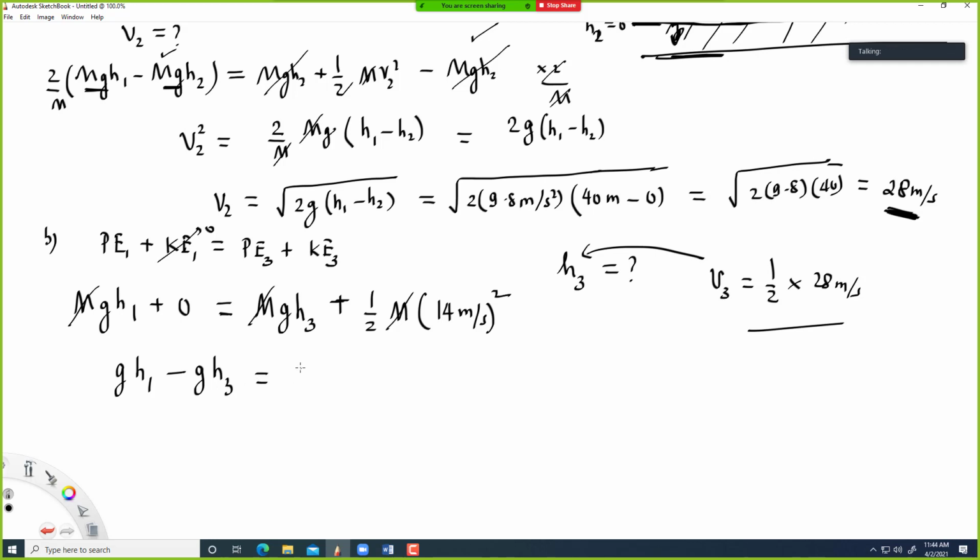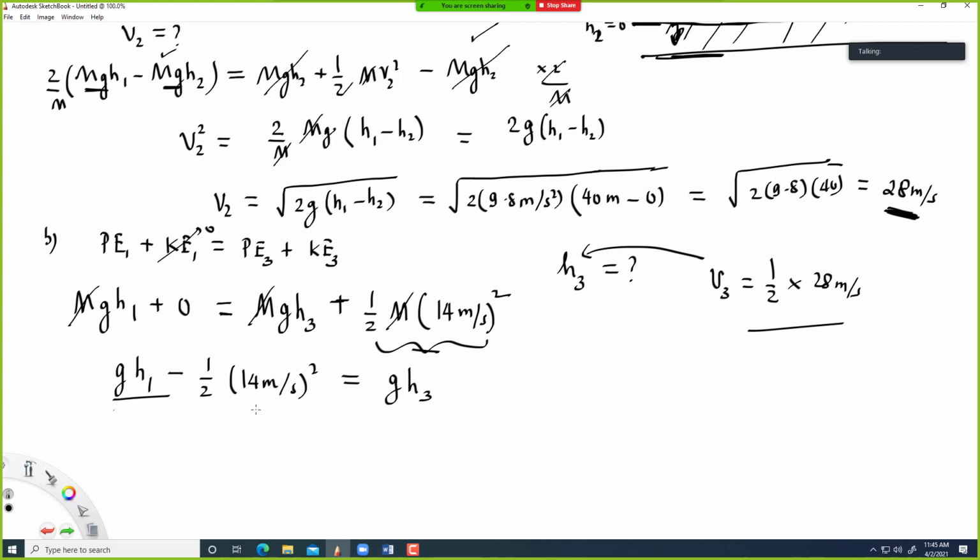No, actually I don't want to do that, because we are finding H3, so you want to take this thing to the left, minus 1/2 times 14 meters per second squared. I'm taking this to the left because I want to find this in terms of H3, and to find H3 I need to divide both sides by g.